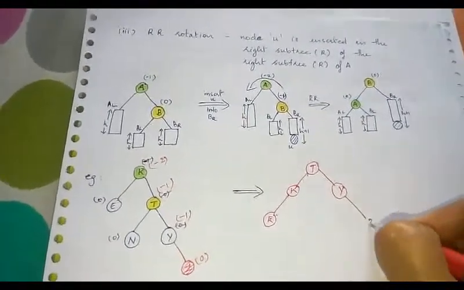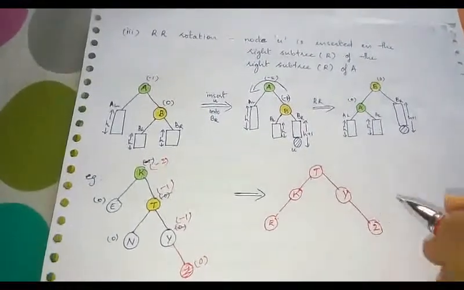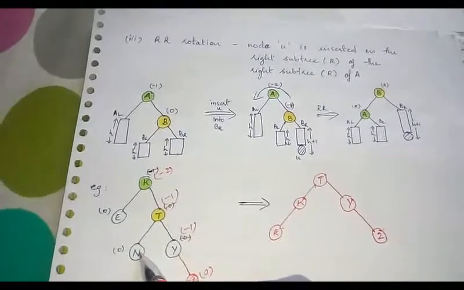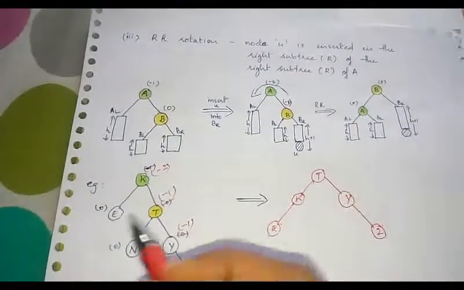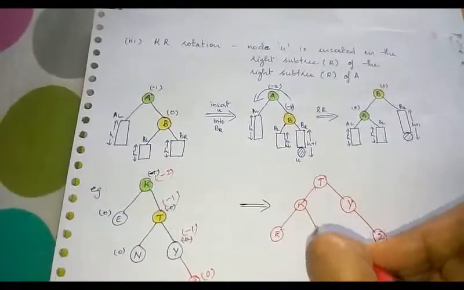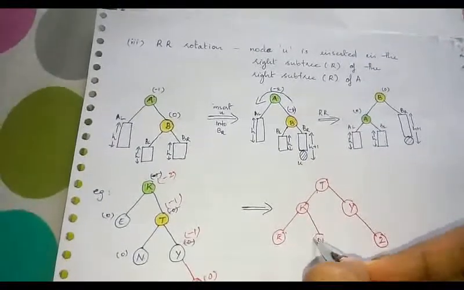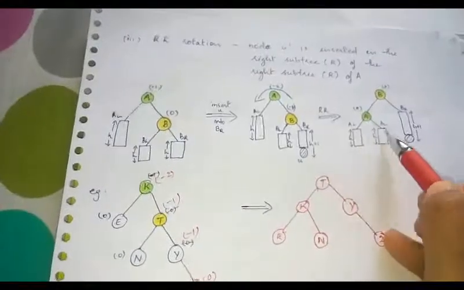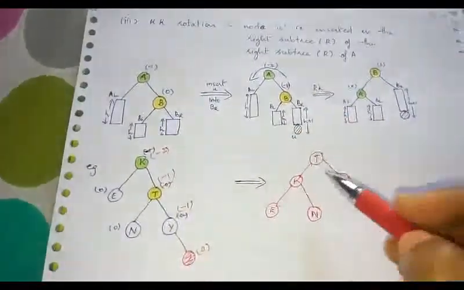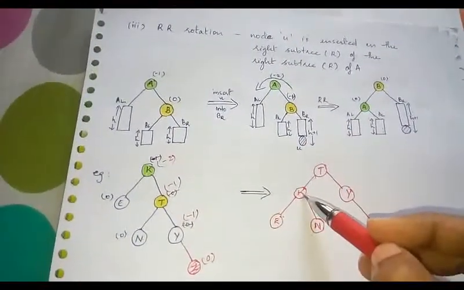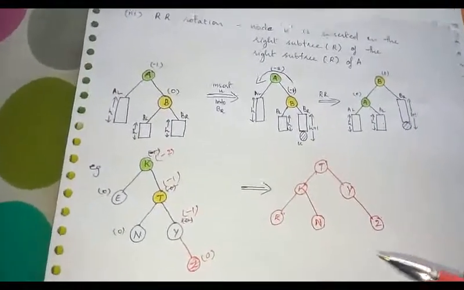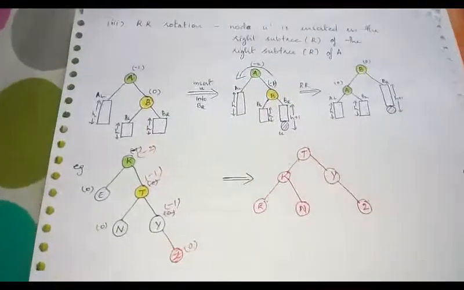So okay, now the leftover is N. N will shift to the left subtree, so that is to the right of K. See, this BL goes to the right of A. Here A is K. So BL will be the right subtree of K. Now this is how the rotation is performed.